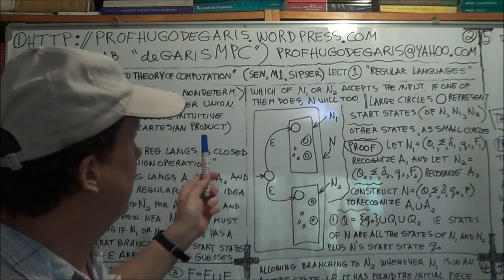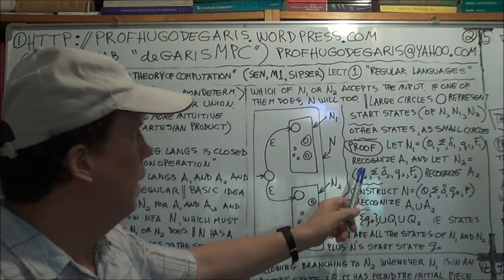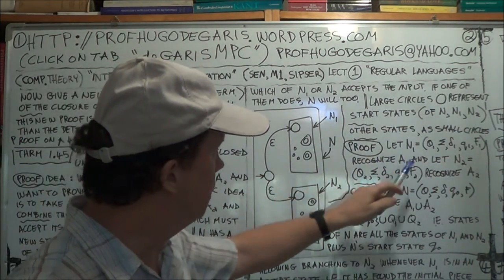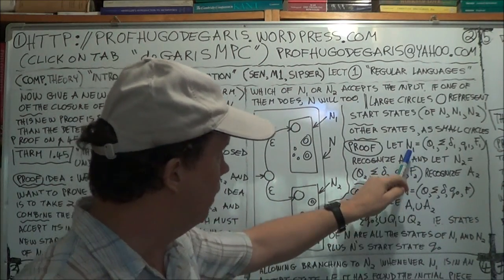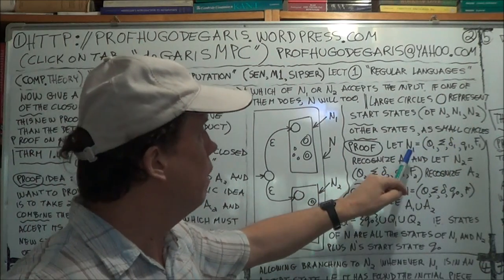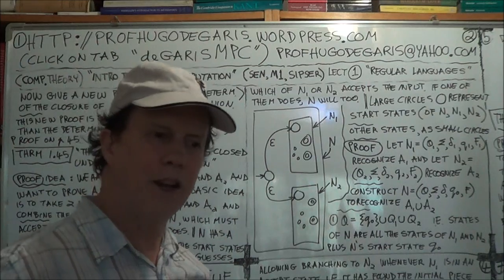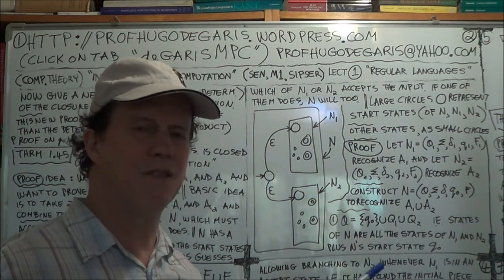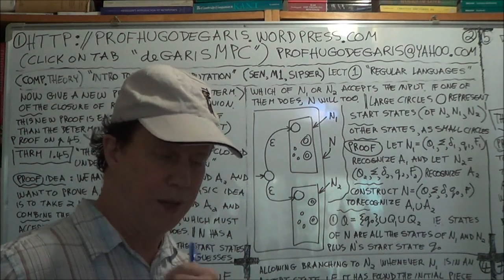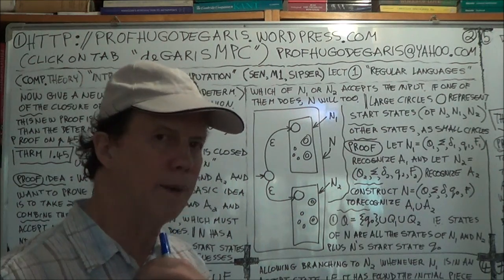Okay, now why does this work? So now we sort of get to the proof, right? So we're given this component N1, it recognizes language A1, okay? And here's the formal definition, formal specification of machine N1, okay? Automaton N1. Finite automaton, machine. Both myself and Sipser tend to use these two terms synonymously, meaning the same thing, right?